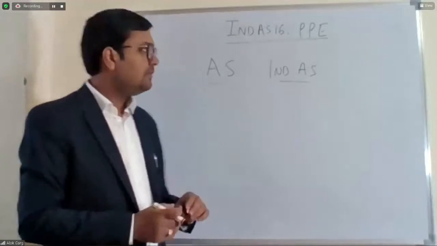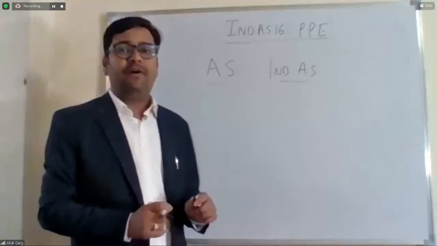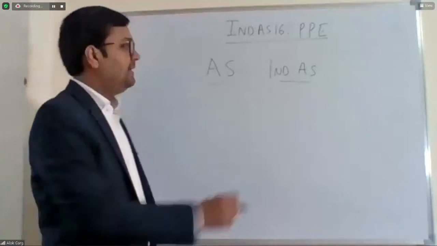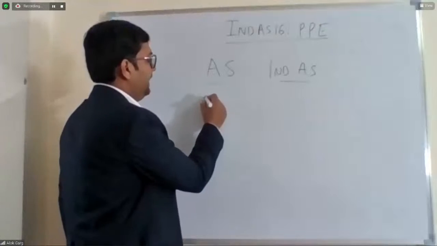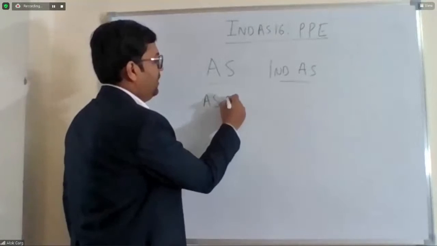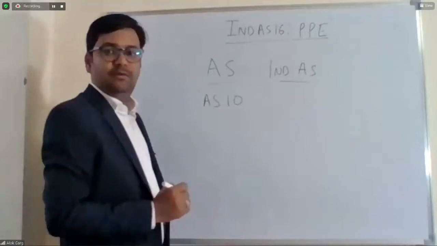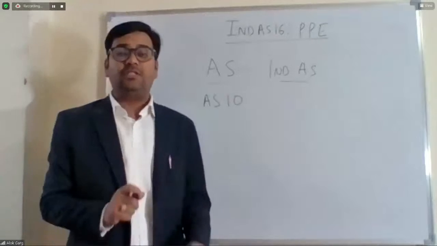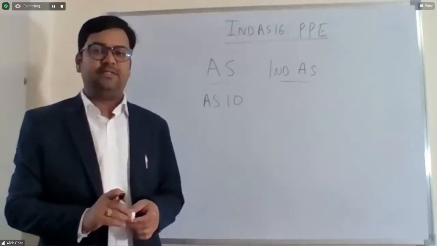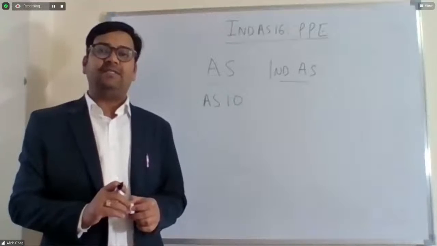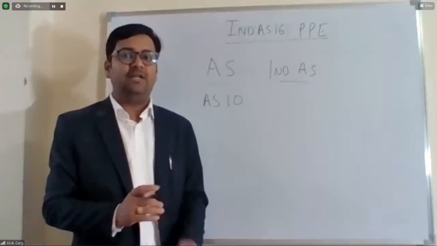So friends, one comfort I want to give you is that under accounting standard, AS 10 is there. This AS 10 talks about accounting for fixed assets. But this standard got revised on 30th March 2016.